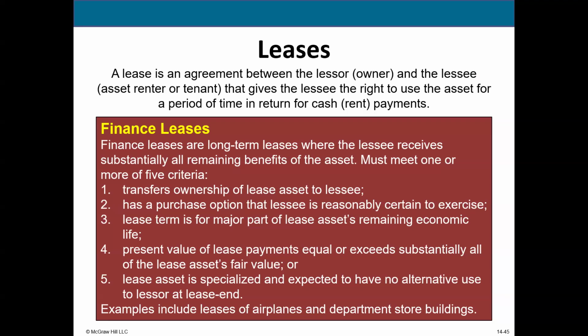And you would be considered the lessee, which is the person who is using the asset. So that is what constitutes a lease agreement. The renters pay the landlord cash payments in return for the right to use the asset.